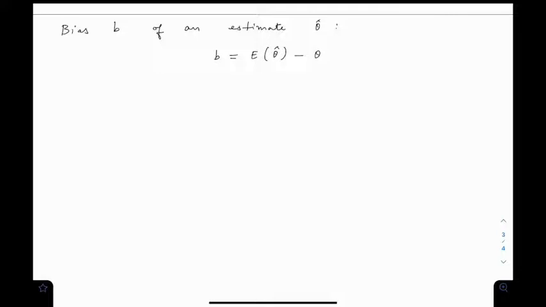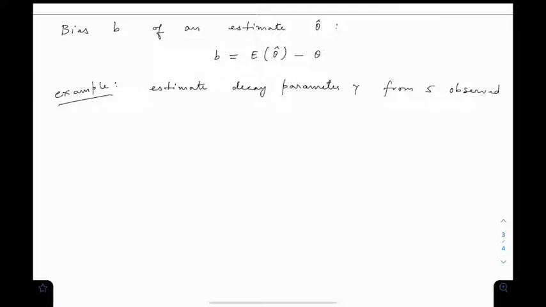Let's say, as an example, we look into the bias of the estimate of a decay parameter. So we estimate the decay parameter gamma from 5 observed decays of an unstable particle.